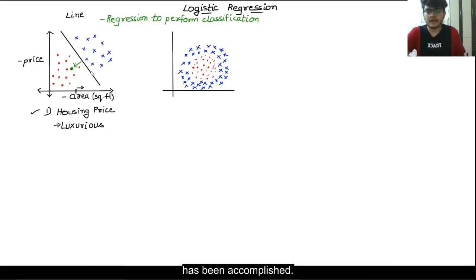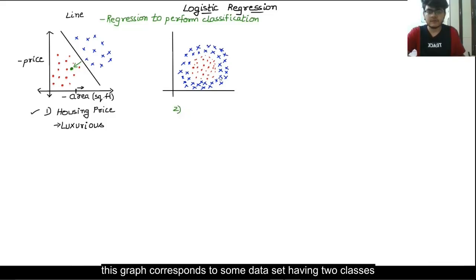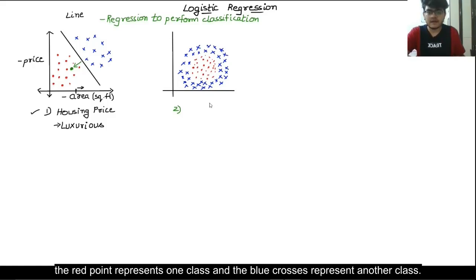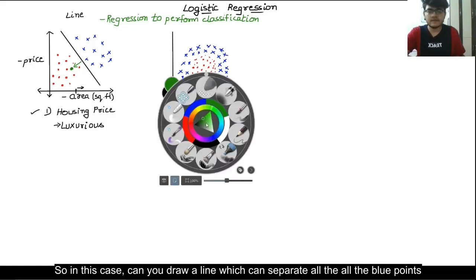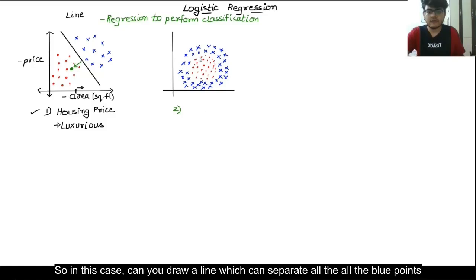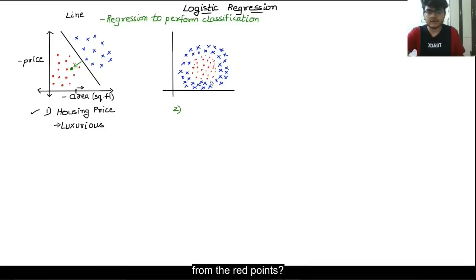Now let's take a look at this second graph, and suppose this graph corresponds to some data set having two classes. The red points represent one class and the blue crosses represent another class. In this case, can you draw a line which can separate all the blue points from the red points?